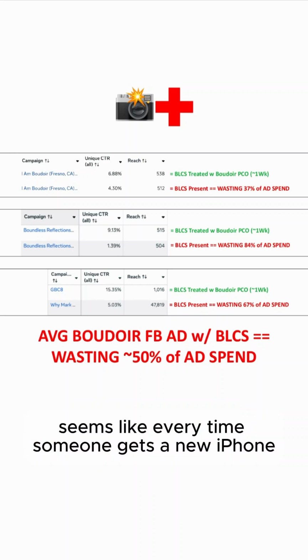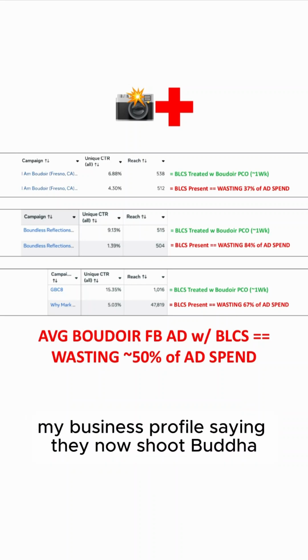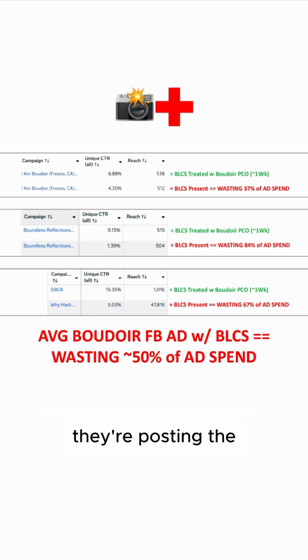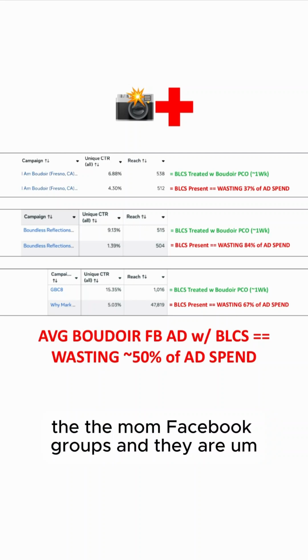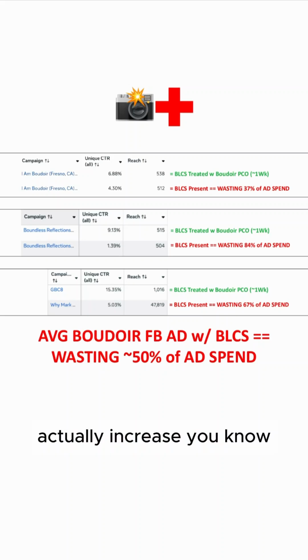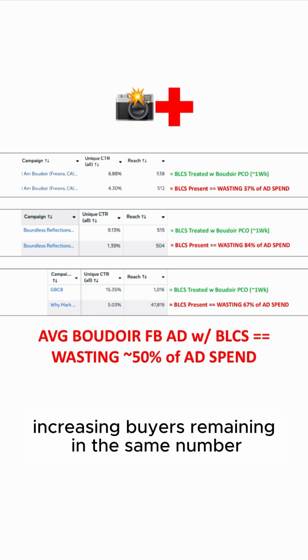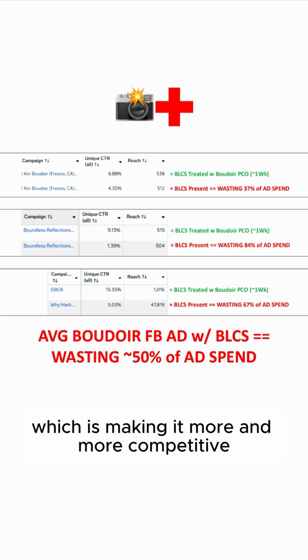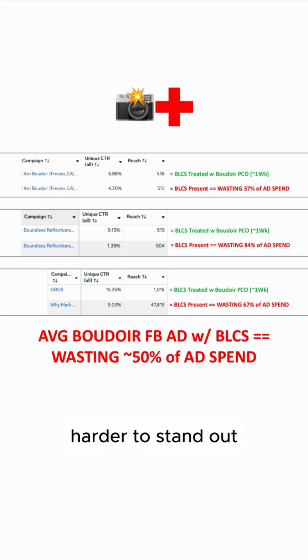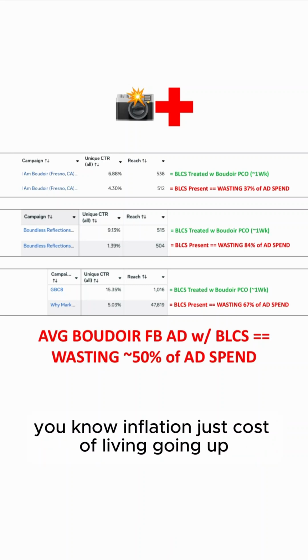Every time someone gets a new iPhone, someone's throwing up their Google My Business profile saying they now shoot boudoir, or they get a new camera, they're posting in the mom Facebook groups. The supply of boudoir photographers is increasing, buyers remaining the same number, which is making it more and more competitive, harder to stand out. And you've been seeing inflation, cost of living going up.